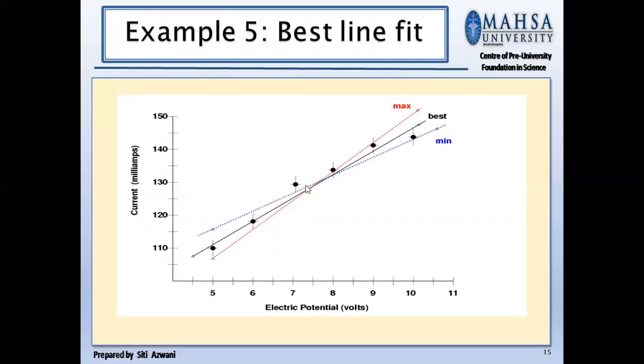If you refer to all the points here, you have a minimum point here, so you need to draw along the minimum point, shown by the blue line here. So the middle one becomes the best line fit.